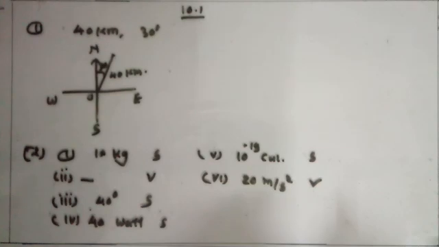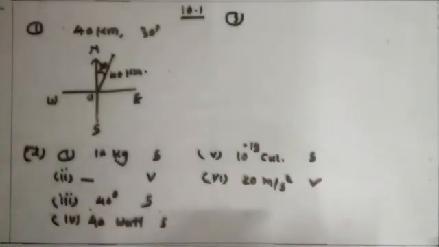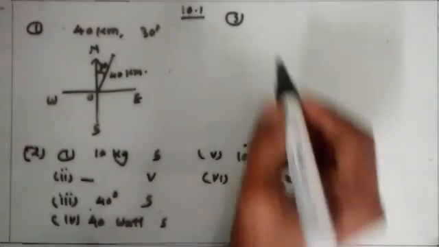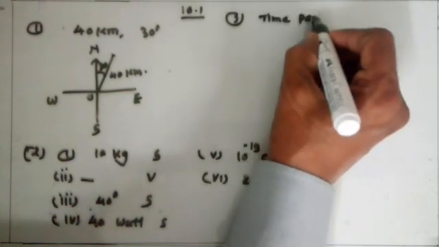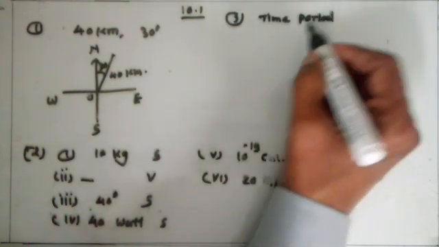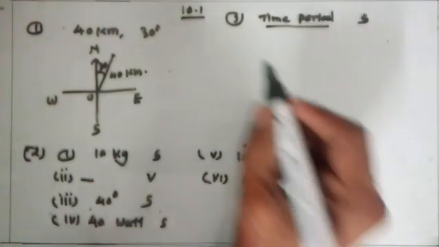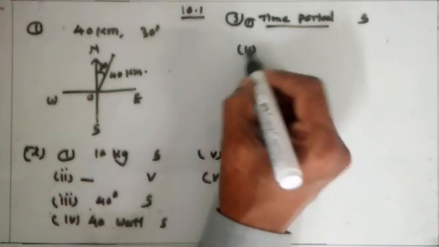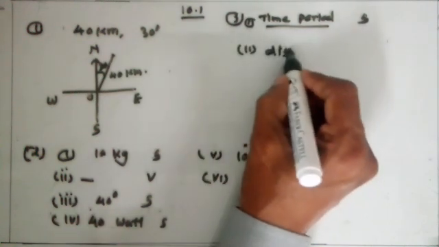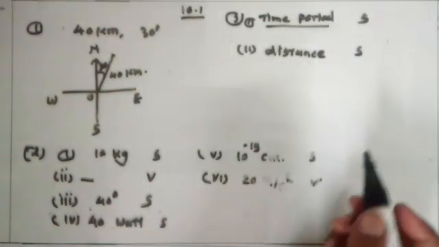Now question number 3. Classify the following as scalar and vector quantities. Time period is a scalar quantity. Number 2, distance is also a scalar quantity.